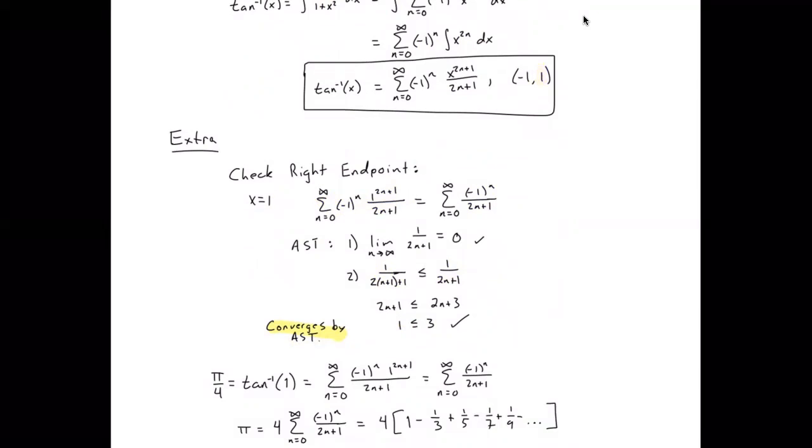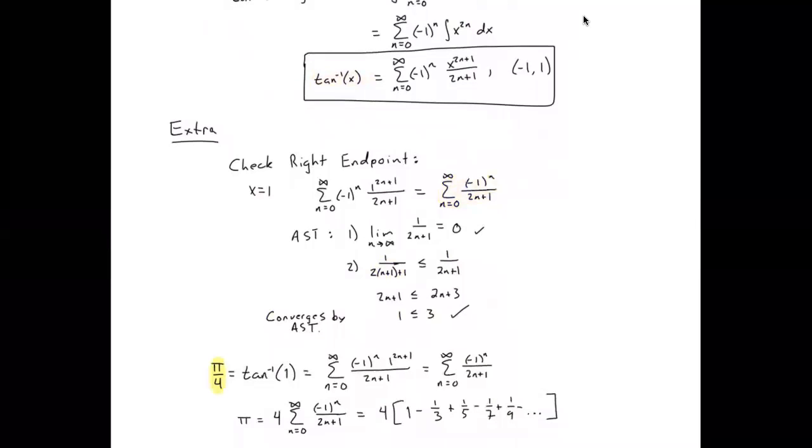That's interesting because if we can plug in 1 for x in this power series and it converges, that tells us that tangent inverse of 1 is equal to this series right here. And tangent inverse of 1 is pi over 4, if we recall trigonometry. So that means that pi over 4 is equal to this series, -1 to the n over 2n plus 1, n equals 0 to infinity.